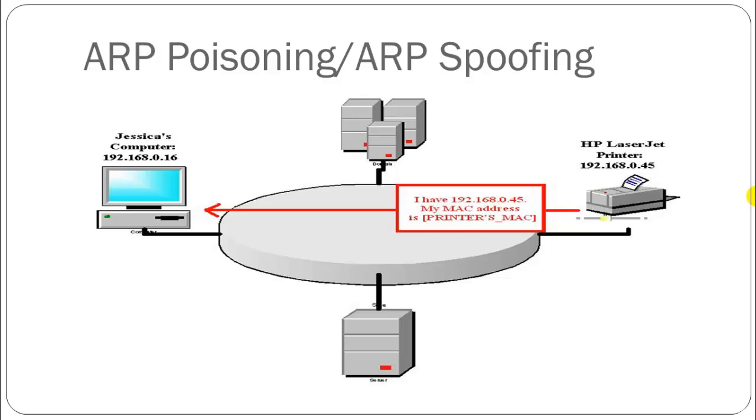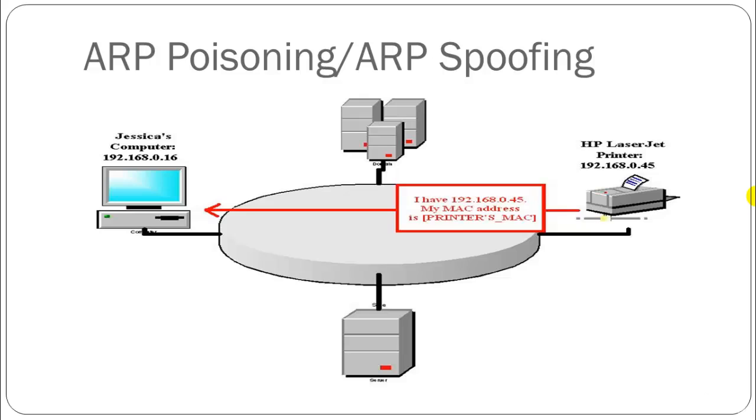The first is the ARP request, where computer A asks the network who has this IP address, and the ARP reply, as you can see in the diagram, says this is my MAC address. Then there is the reverse request, RARP, which is the same concept as the ARP request, but here computer A, Jessica's computer, asks who has this MAC address after it has the IP address, and then the HP LaserJet printer replies that it has the MAC address. So first it checks the IP address, then it checks the MAC address.